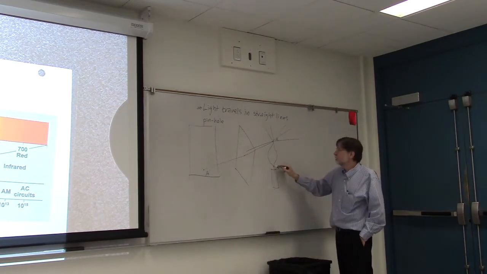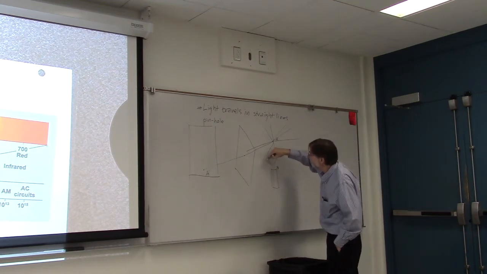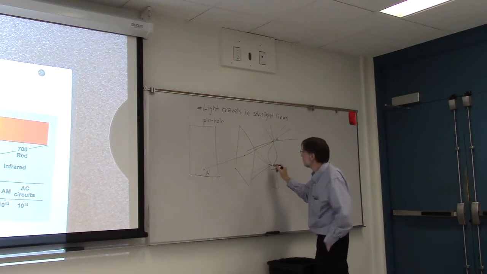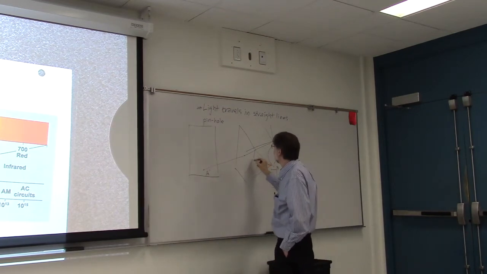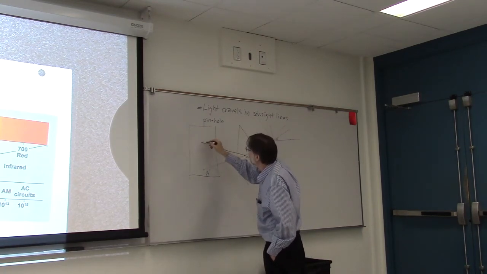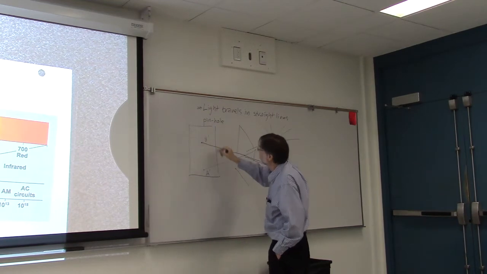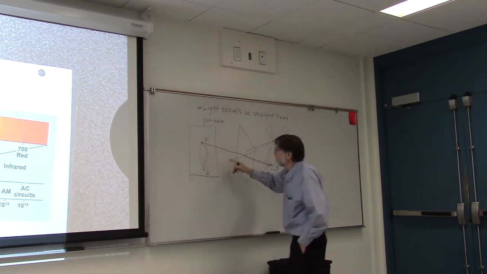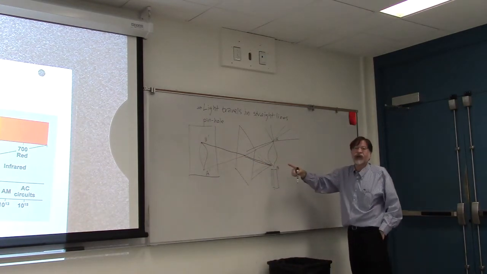And point B is also a point source of light, so light travels in straight lines in all directions from it. And this is the ray that concerns us, because it gets blocked. This is the one that concerns us, because it goes through the hole and ends up over here at point B prime. And so the image in a pinhole camera is going to be upside down and backwards.